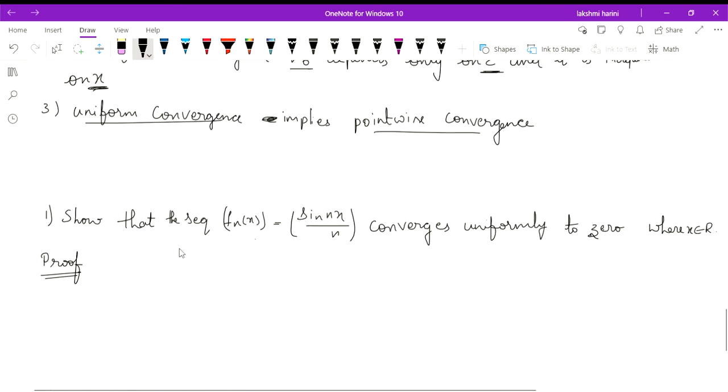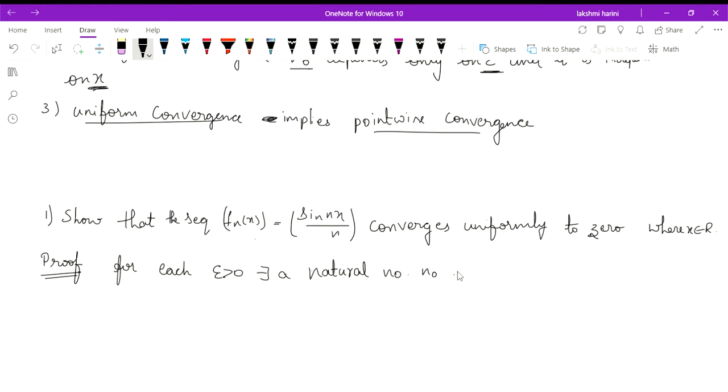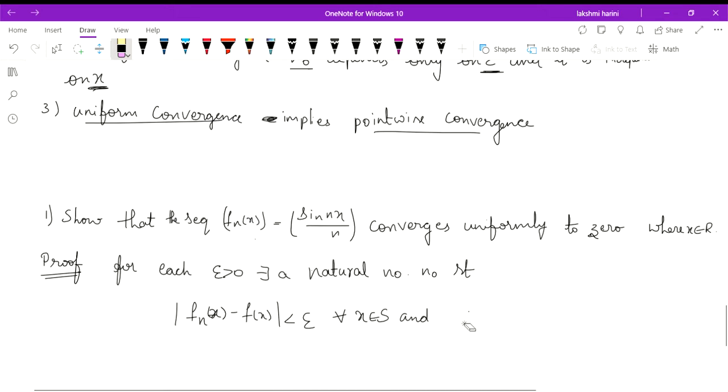Okay, so we write, for each epsilon greater than 0 there exists a natural number n naught such that mod fn of x minus f of x is less than epsilon for all x belongs to S and n greater than or equal to capital N naught.